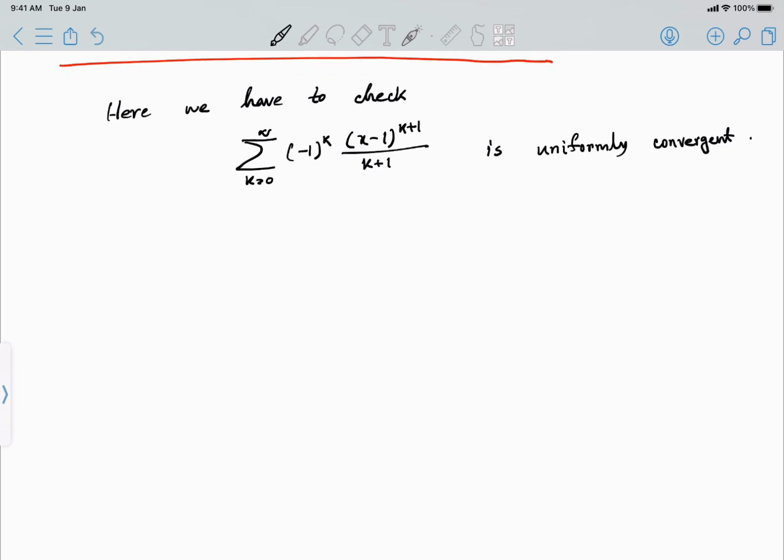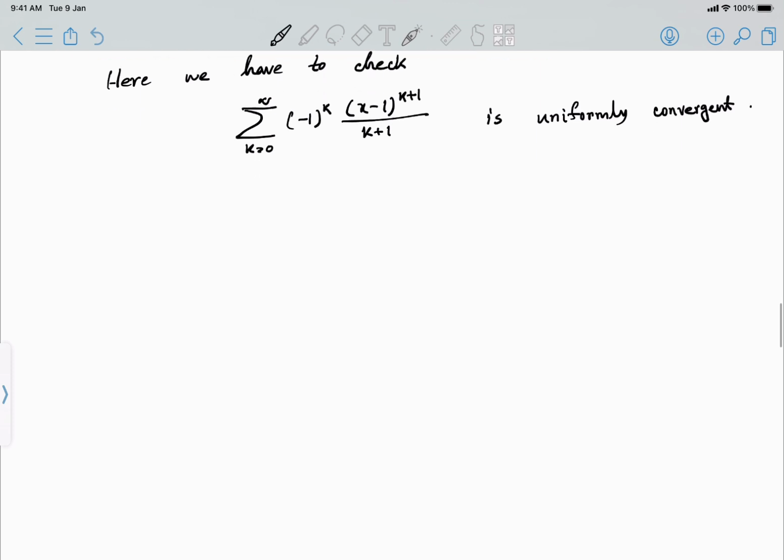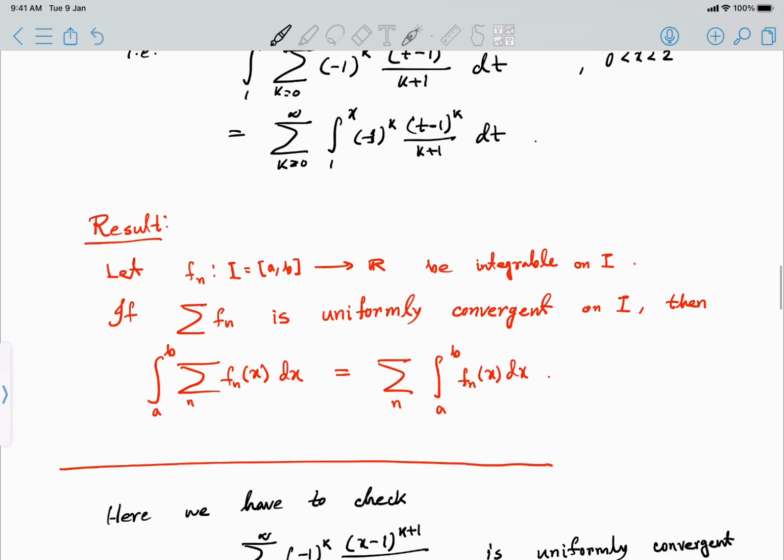Note, uniformly convergent on some compact set is what we need.